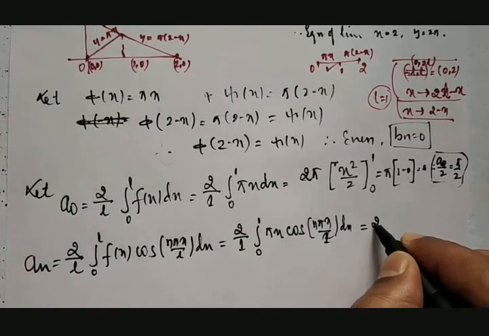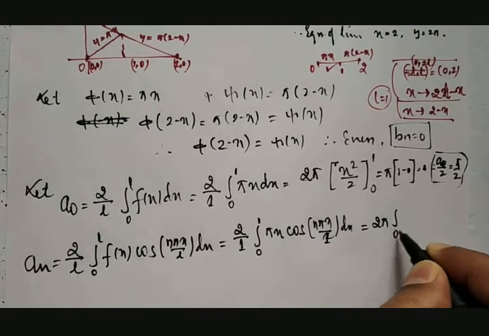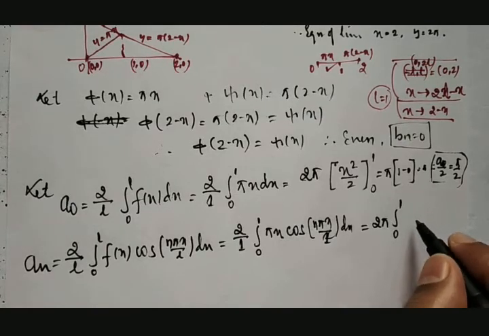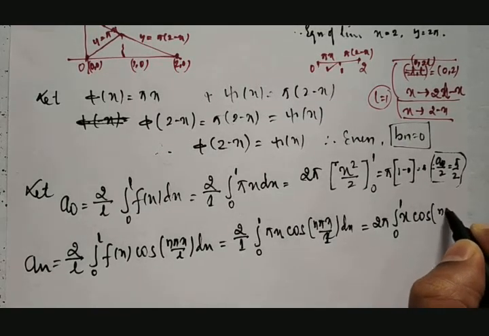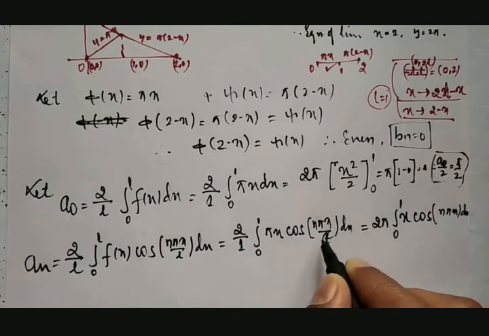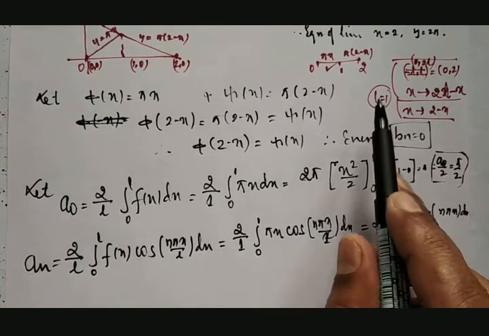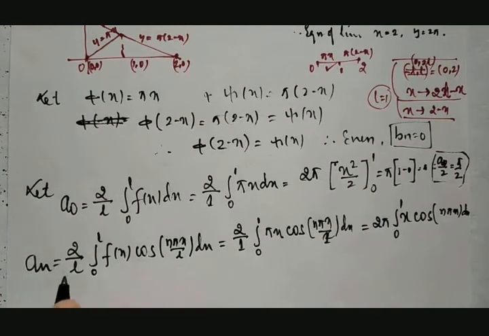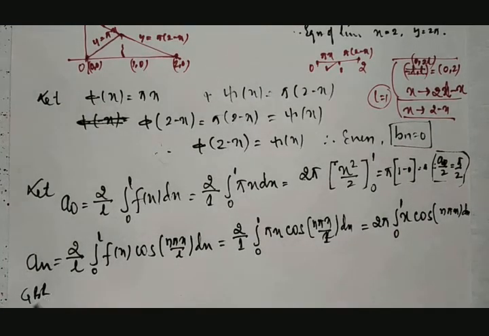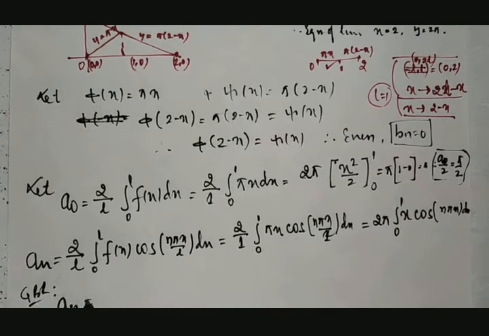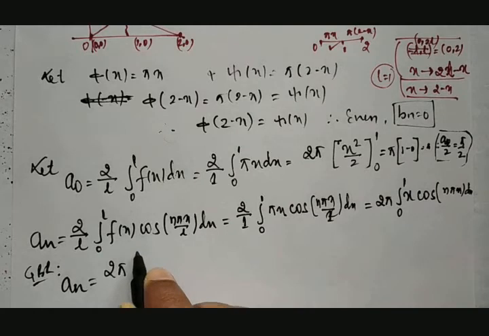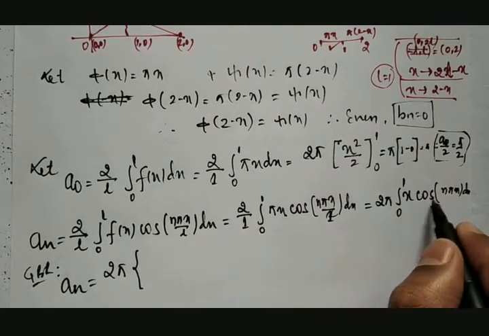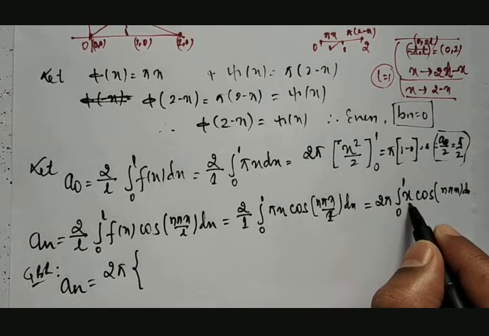Then it becomes 2 pi, integration between 0 to 1, x into cos of n pi x with respect to x, because L is equal to 1. Therefore, by generalized Bernoulli rule, an is equal to 2 pi into, out of these two, the first function is x.